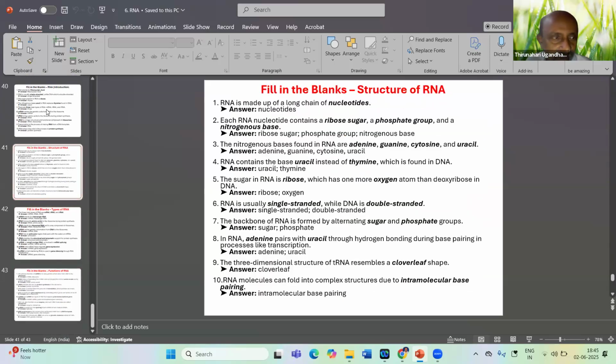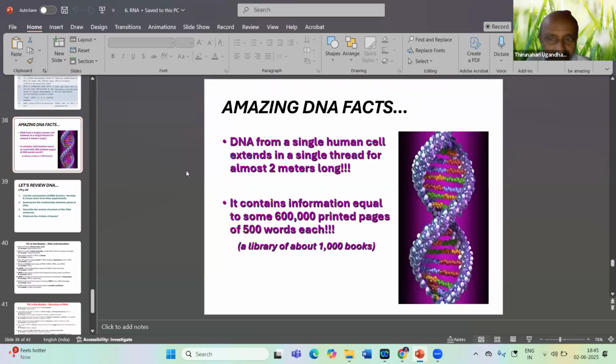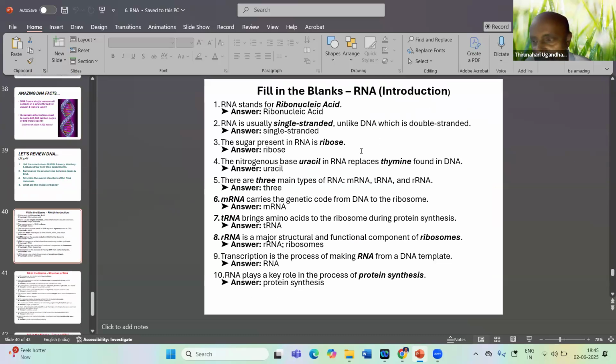This is also fill in the blanks, for your revision. This is the more amazing part, filling in the blanks on RNA interactions.